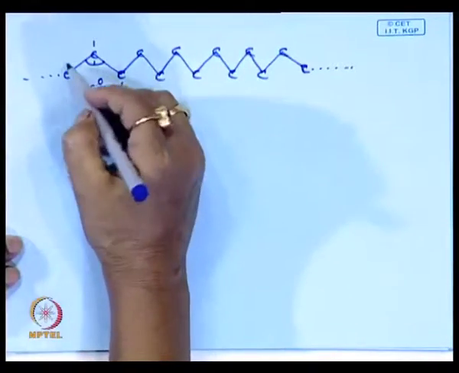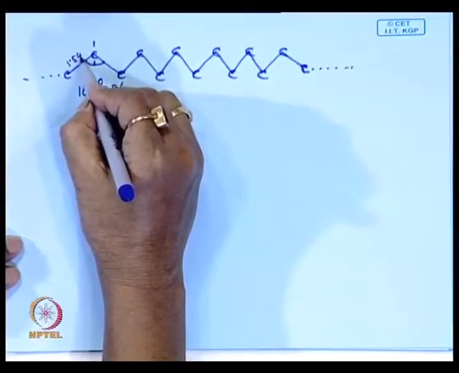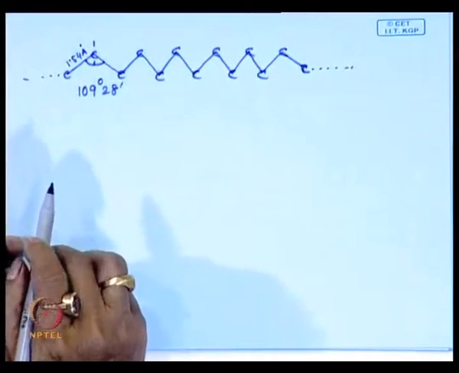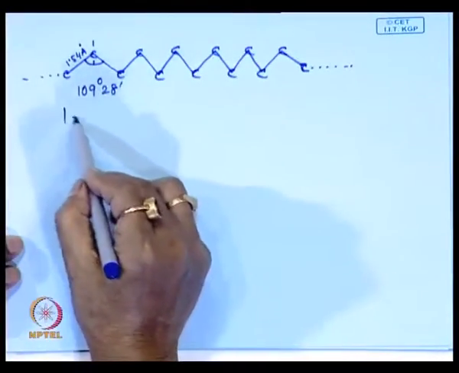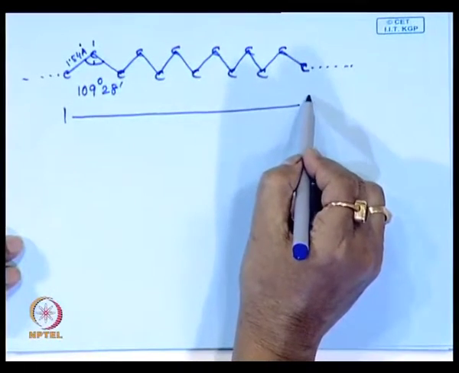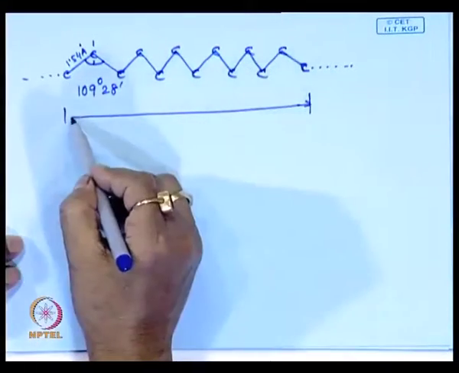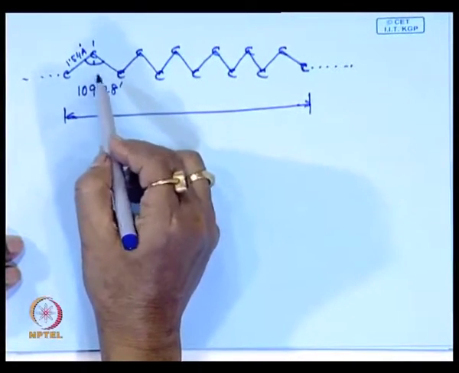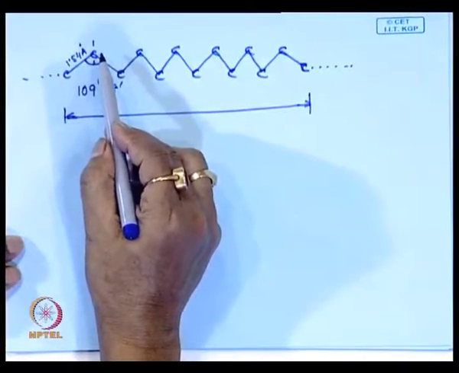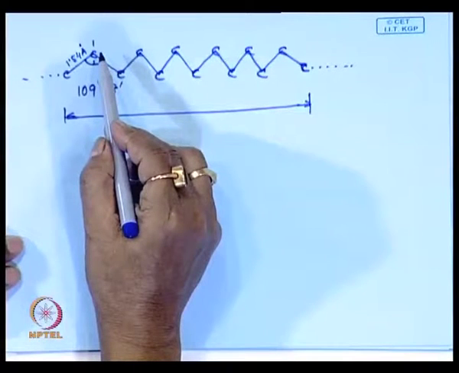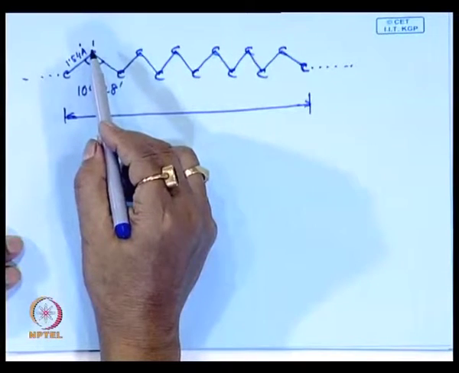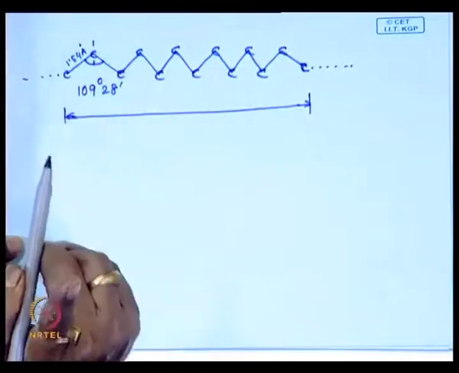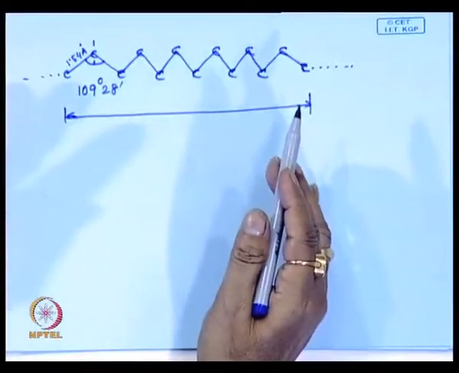So, if you know this bond length 1.54 angstrom and this angle, you can find out the length from one end to the other end. Can you not calculate, if you know how many CC units are there? Suppose there are 1000 CC units, you can calculate. Take this as a home task for calculation of the length of this polymer chain.